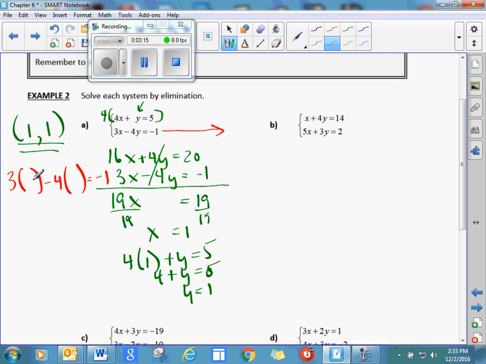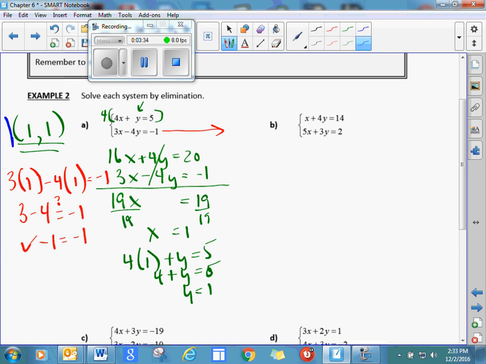And I think x is 1, and I think y is also 1. So I get 3 minus 4. Is that really equal to -1? Yes, it is.